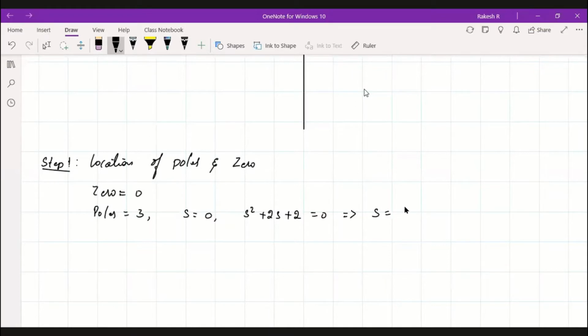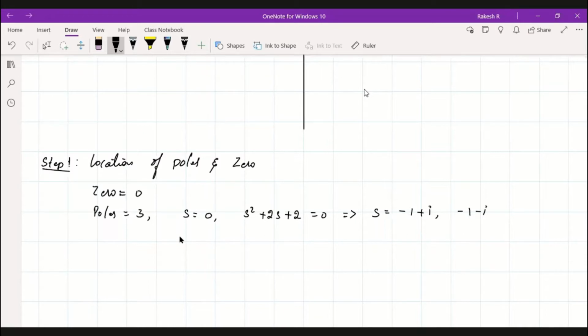I can write this one as -1 plus j, -1 minus j. Here we got s equals -1 plus j and -1 minus j. Now how to find the roots of this quadratic equation? No need to teach this.